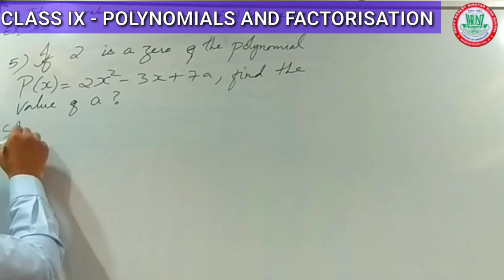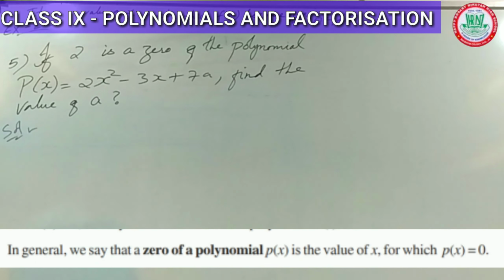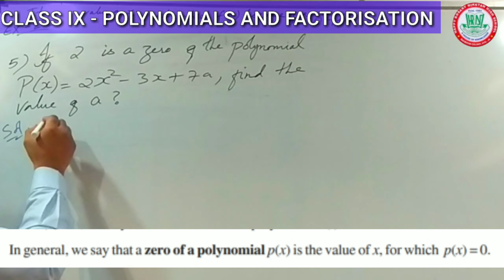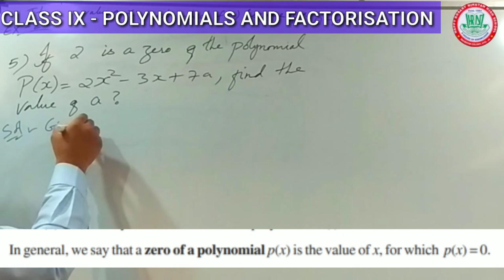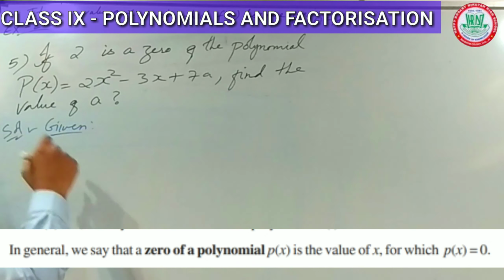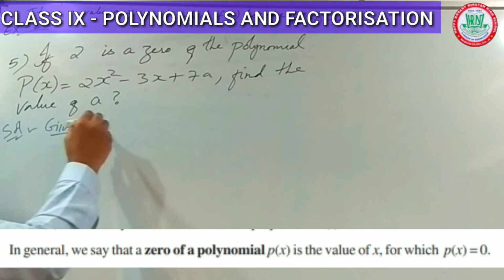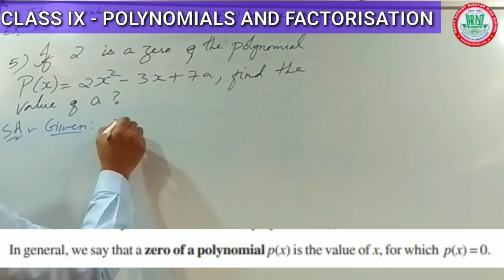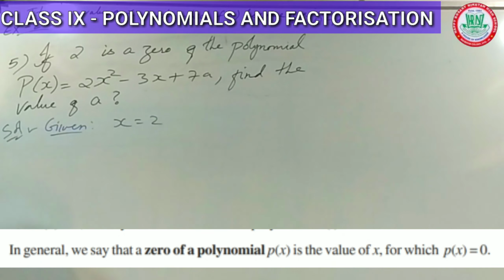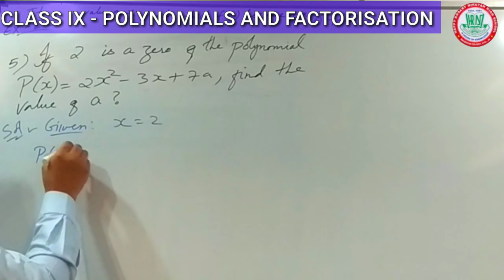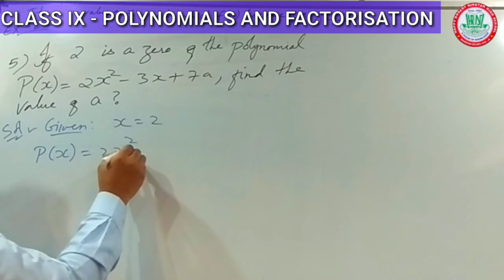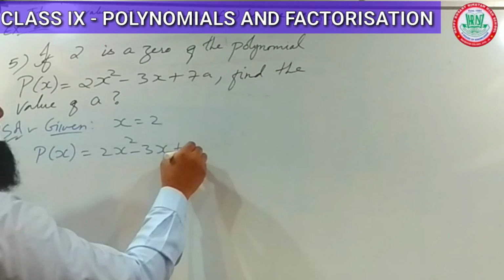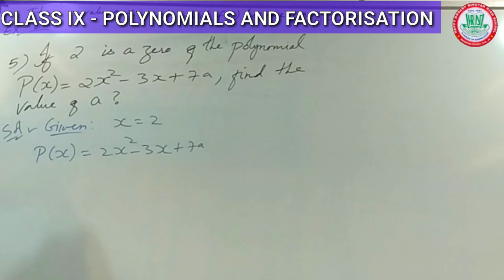So we will solve the problem. We have the condition also. Whatever values are given, we will write them here. Given: 2 is a zero of the polynomial, which means x equals 2. And p of x equals 2x squared minus 3x plus 7a is given.